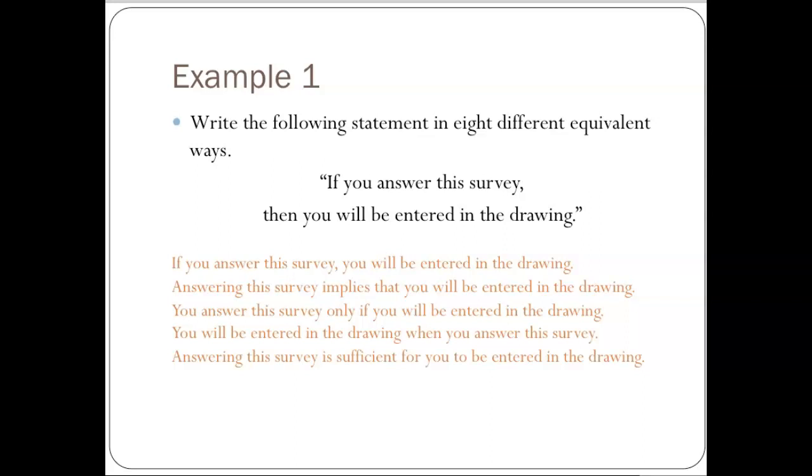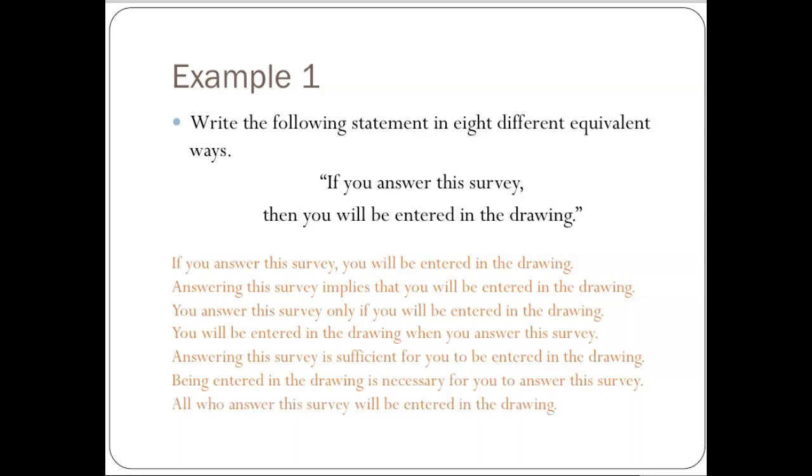Q is necessary for P. So being entered in the drawing is necessary for you to answer this survey. All P's are Q's. So all who answer this survey will be entered in the drawing. And lastly, Q if P, you will be entered in the drawing if you answer this survey. Okay, so tons of different ways that you can write the same conditional statement. These are all equivalent to each other.